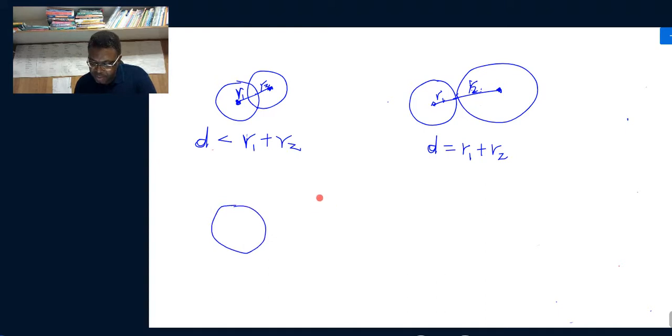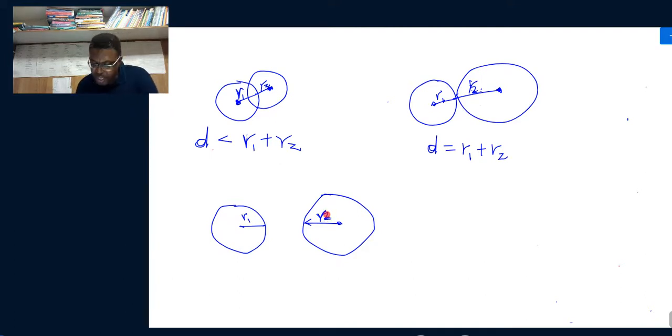And then the third condition is whereby the circles are far apart. There is a space in between. Here is the radius R1, here is the radius R2.